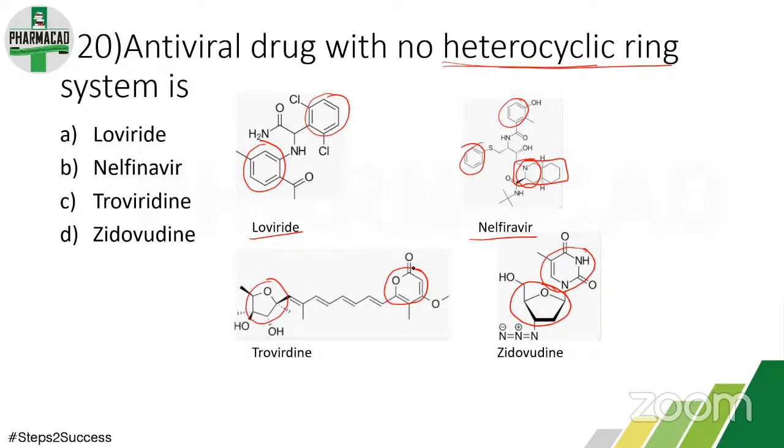But they are asking about the drug with no heterocyclic ring. It means the answer is option A, loviride, because benzene is not a heterocyclic ring. So the answer is option A, loviride.